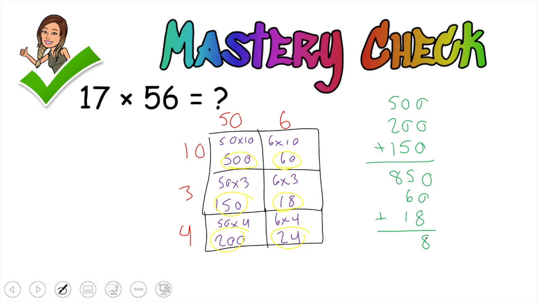And 5 plus 6 plus 1 is 12. 8 plus 1 is 9. Then I just need to add the final 24. 8 plus 4 is 12. 2 plus 2 plus 1 is 5. 9 plus nothing is 9. So my final answer is 952.